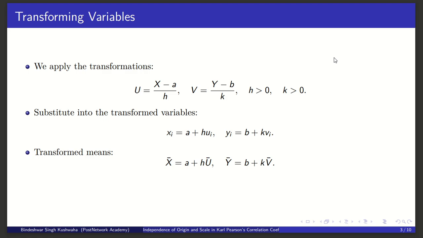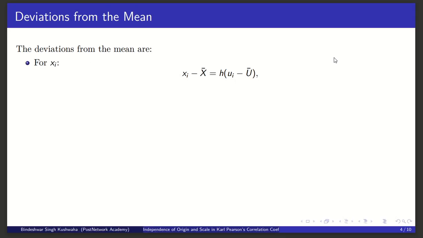The same way, y bar is the mean of the yi's and v bar is the mean of the vi's. Now if you subtract, you get xi minus x bar equal to h times (ui minus u bar), and yi minus y bar equal to k times (vi minus v bar).